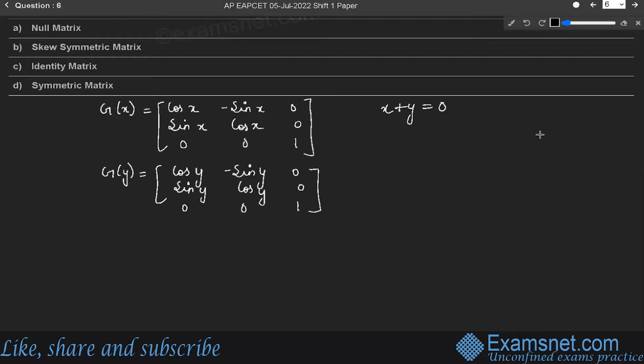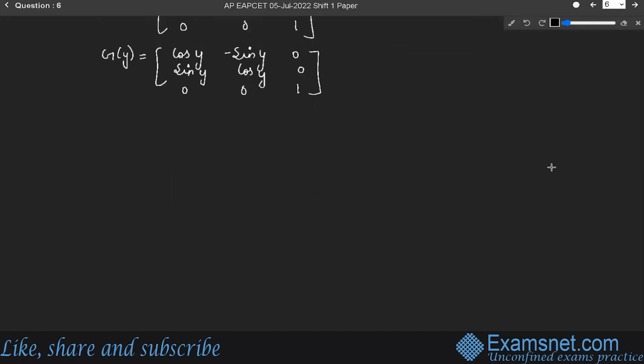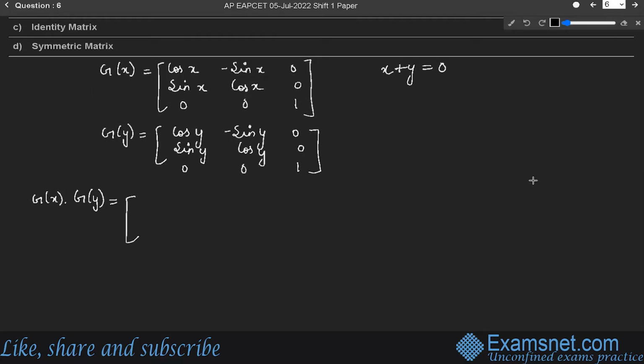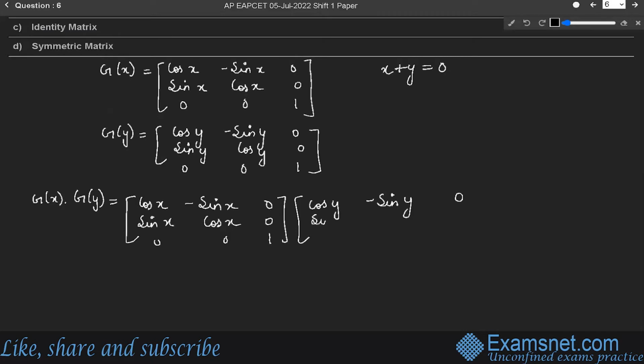We have to find g x into g y. So g of x into g of y will be written as [cos x, minus sin x, 0; sin x, cos x, 0; 0, 0, 1] into [cos y, minus sin y, 0; sin y, cos y, 0; 0, 0, 1].